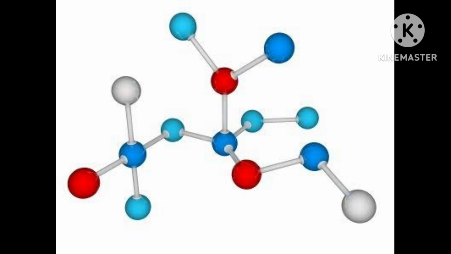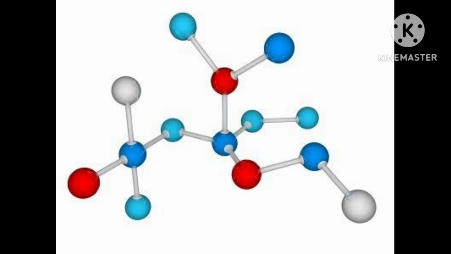The first carbon and the last carbon will be CH3, and in the middle it will be CH2, CH2, CH2, CH2, CH2, like that. First and last will be CH3. Then how will you write these?